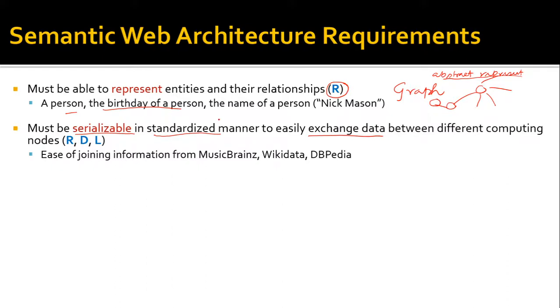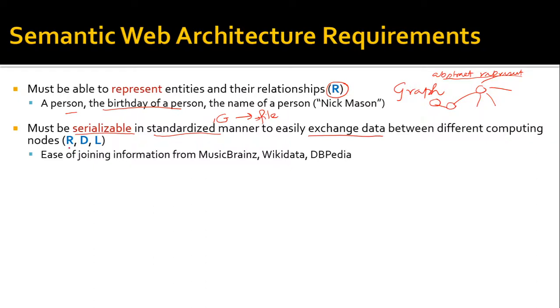So you can think of serialization as transforming a graph into, say, a file. Basically you are writing which node connects to which node, and you have a list of such connections, and you are storing that in a file and transferring this file from one node to another node, right?